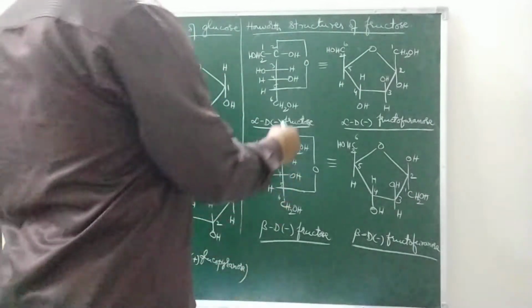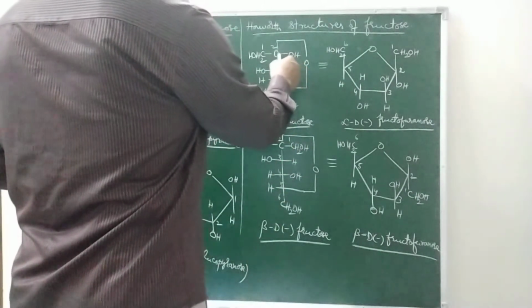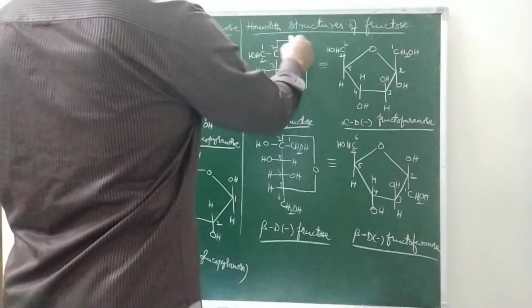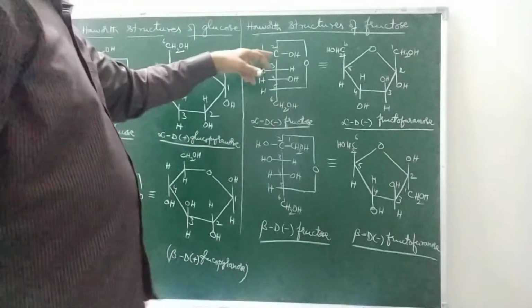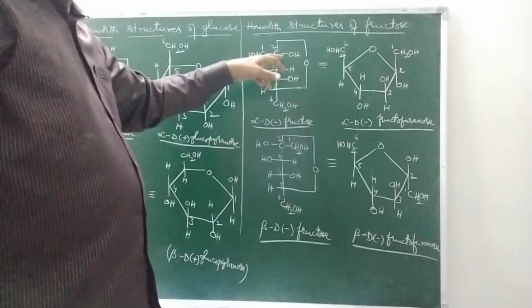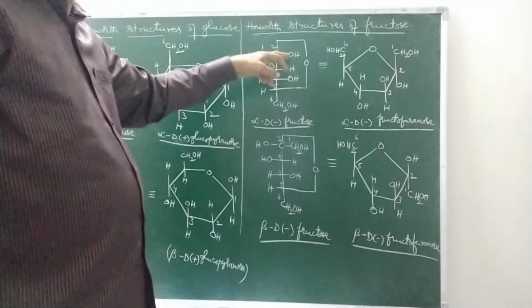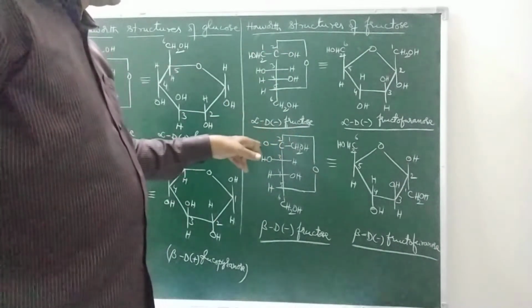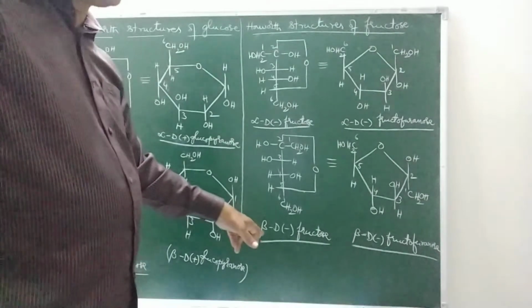So in alpha D glucose, in alpha forms, the anomeric carbon, the carbon from which the glucosidic linkage is present, if the OH group is present at the right hand side, then it can be named as alpha. If the OH group is present at the left hand side, it is named as beta.